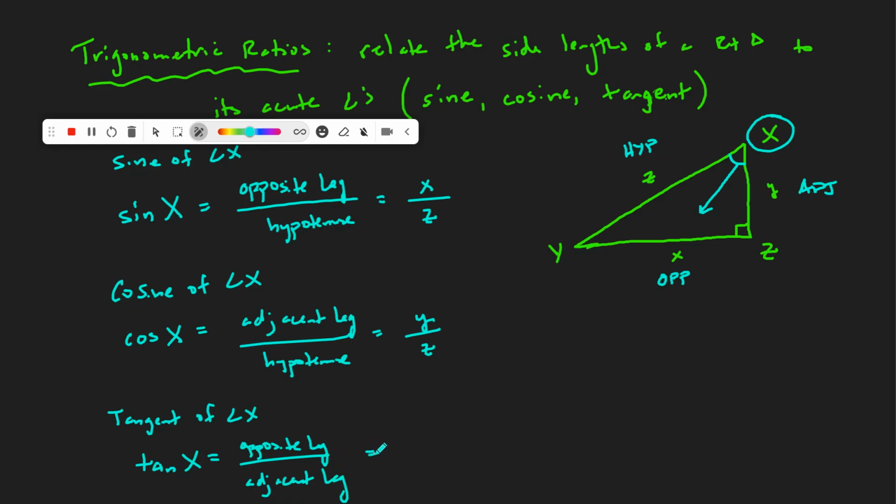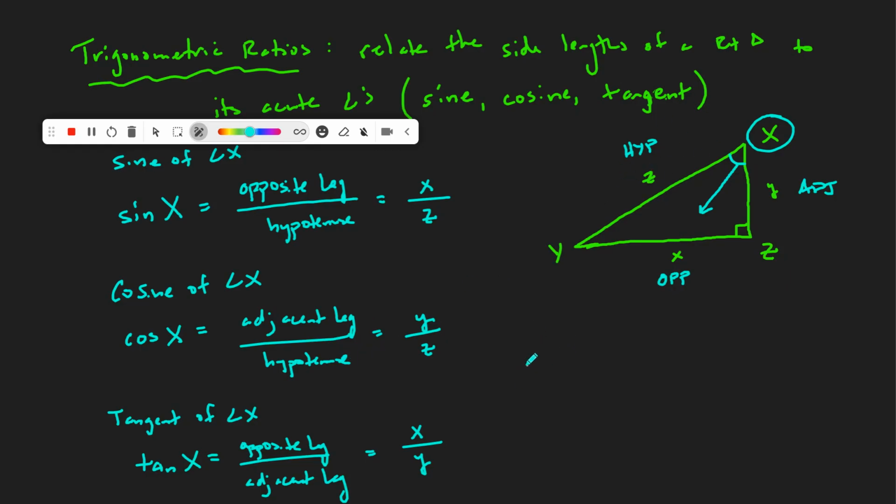Opposite over adjacent. And that is going to be opposite leg x over adjacent leg y. And these are the three trig ratios for angle X in this picture.